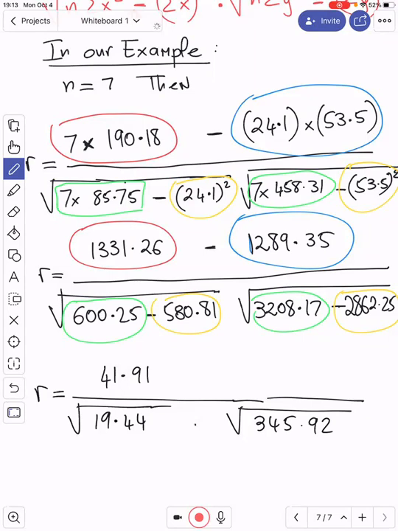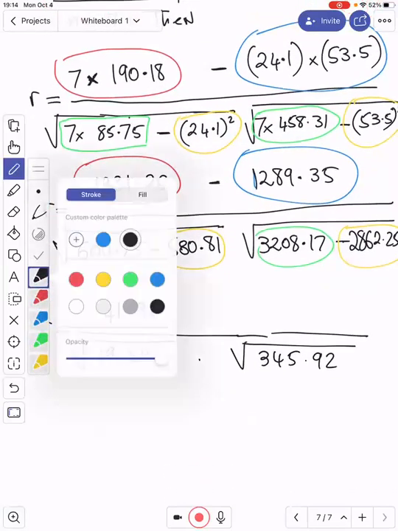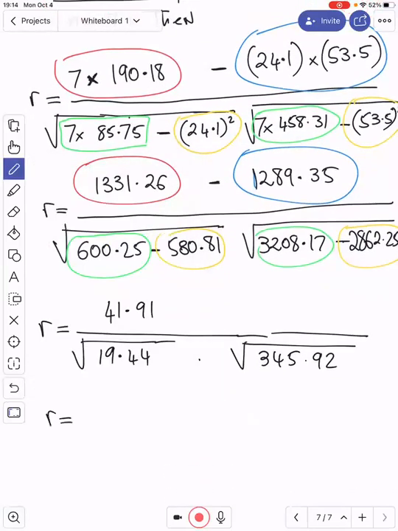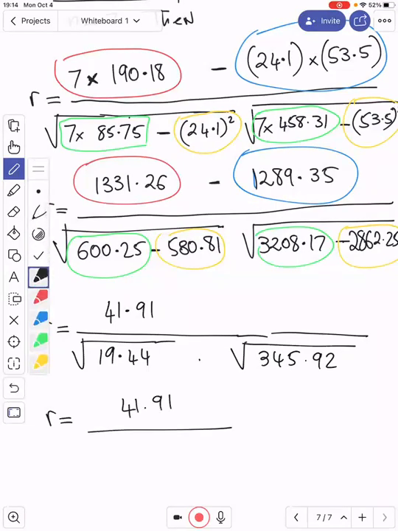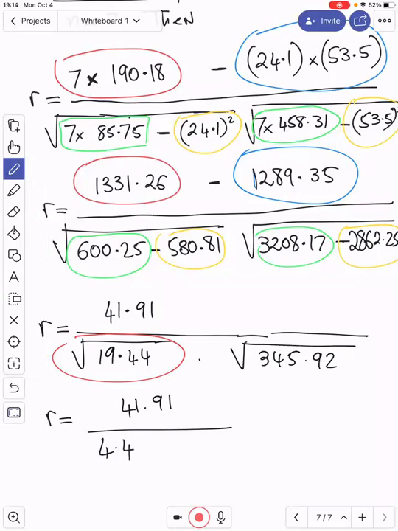And then, guys, you have to take the square root of the 19.44 and the square root of the 345.92. So the square root of 19.44, I think, is 4.4 or something, and this is multiplication right here, right?